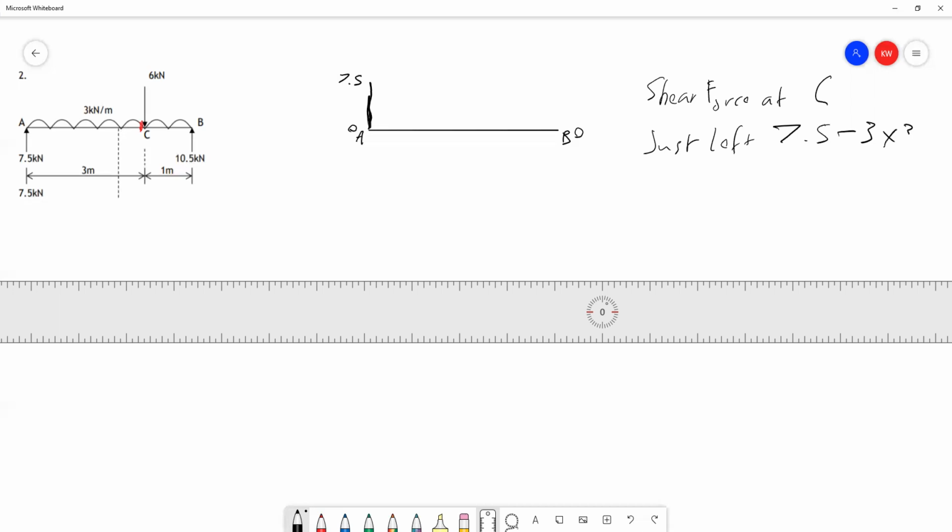So what we have here is 7.5 minus 3 times 3, which is 9. So that gives us a negative shear force of 1.5 kilonewtons.